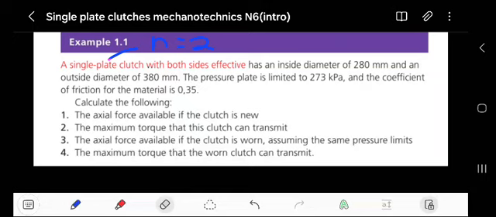If you are dealing with a single plate clutch, they're just giving you some extra information with both sides effective, but all I know is the number of contact surfaces for a single clutch will always equal 2.